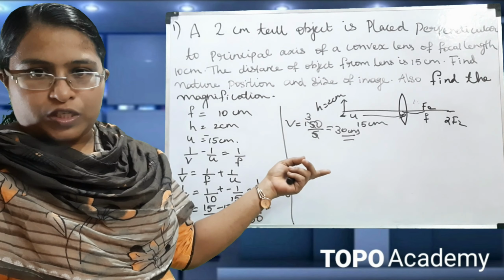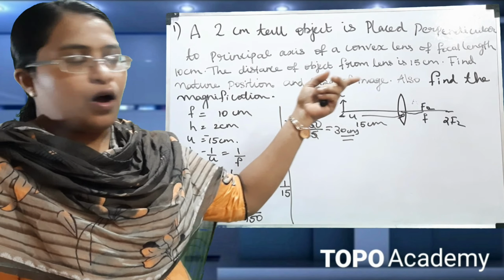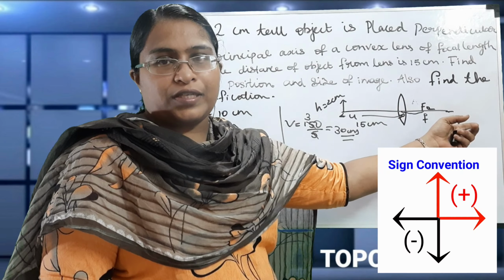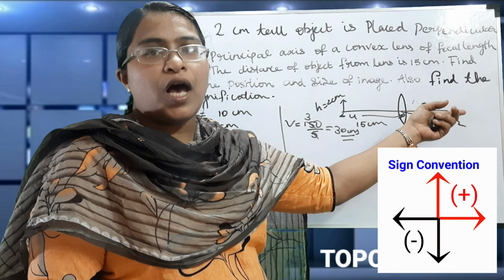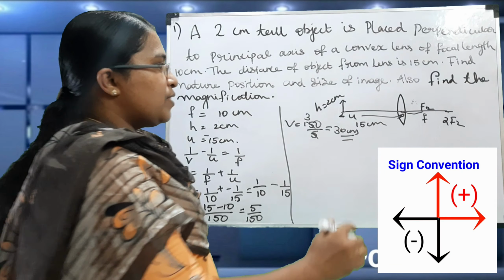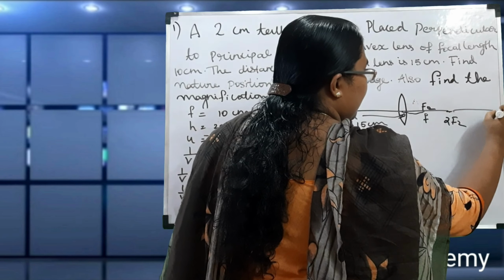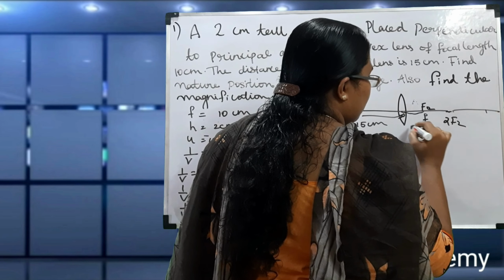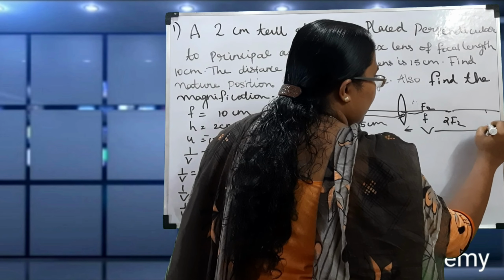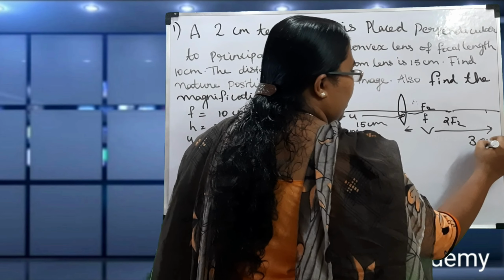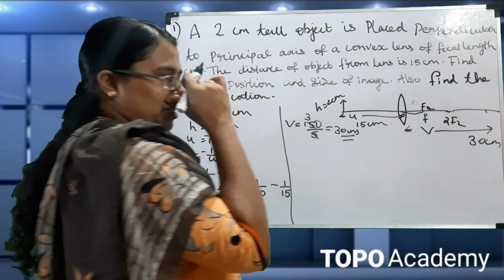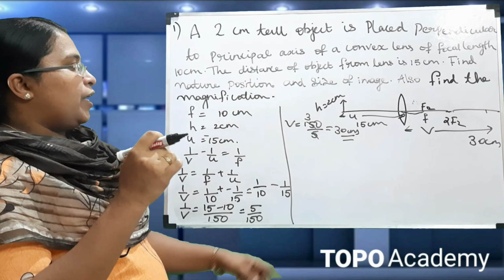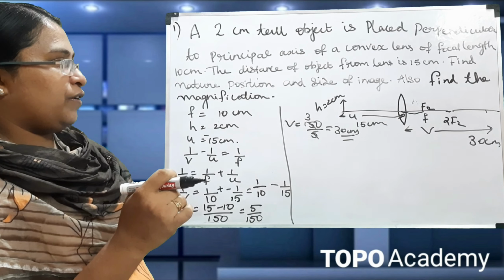So v is positive. That means the image is formed on the other side of the convex lens, at 30 cm. So that is positive.